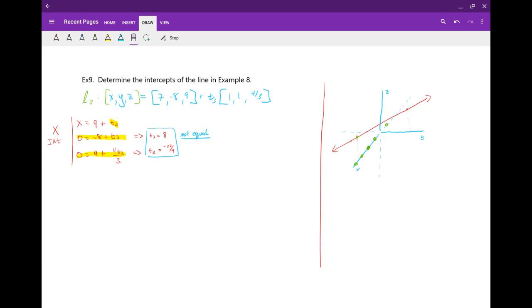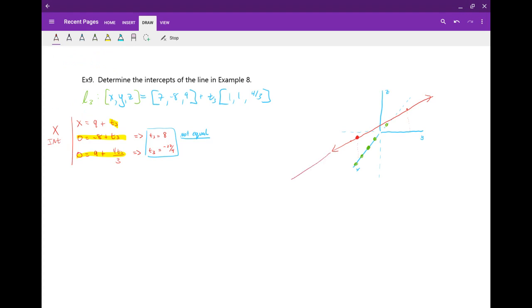So in this diagram, for example, my y-coordinate is 0 here, right? But then imagine this line going down further like this.